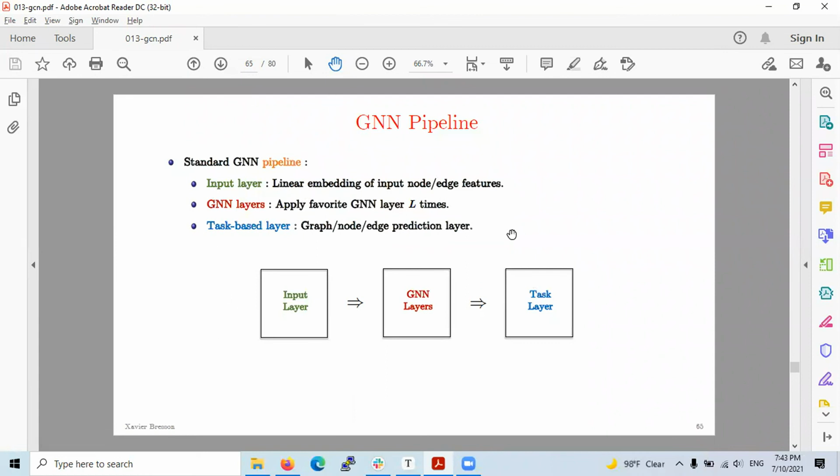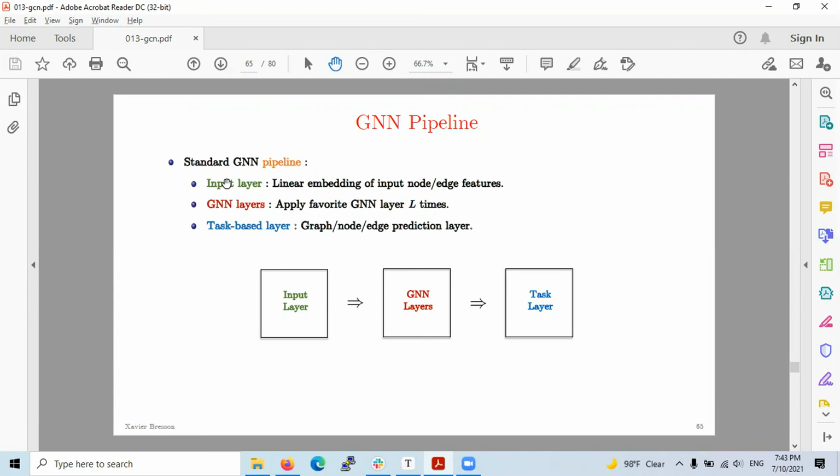You have an input layer, which is a linear embedding of input node or edge features, similar to what we have seen in NLP type applications. Then you apply the GNN layers L times, whatever GNN layer you want. And at the end, you have a task-based layer, similar to a classification or regression layer at the end of a deep neural network. So effectively, it's the same, but a combination of all of this.